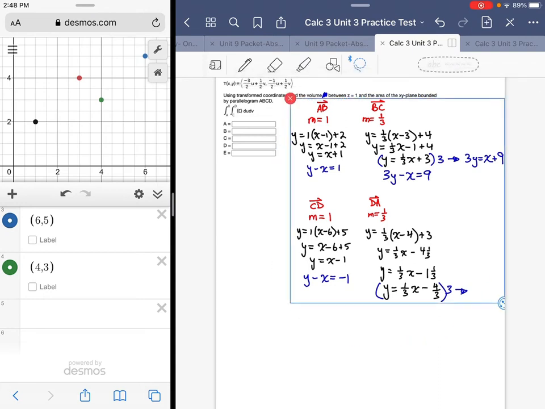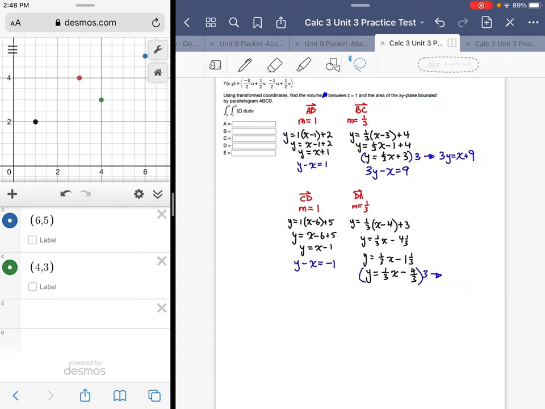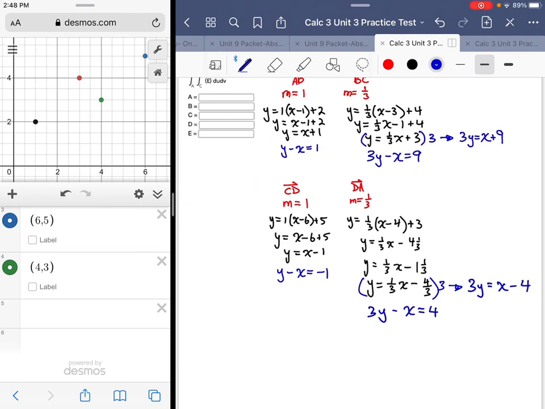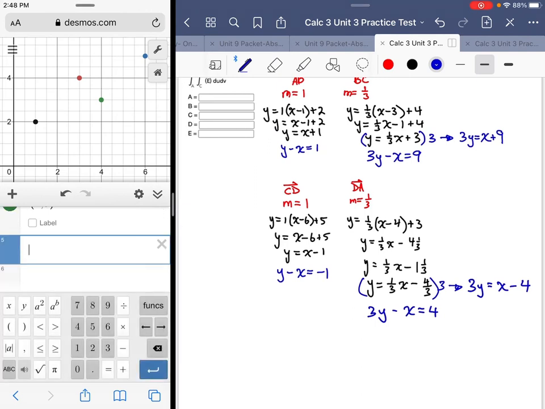I don't want to go off the page. So 3y equals x minus 4, which makes 3y minus x equal to 4. I'm just going to pop all these in real quick because I think it's easier to type in.